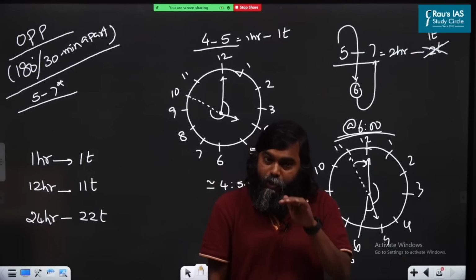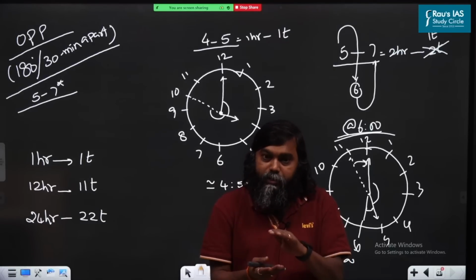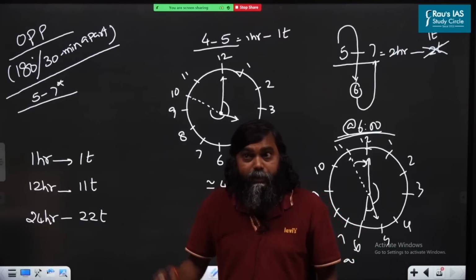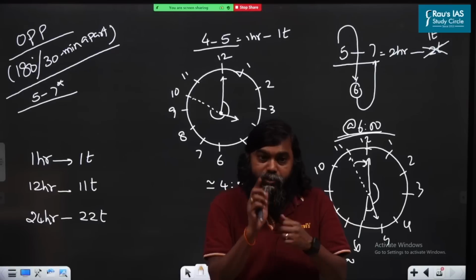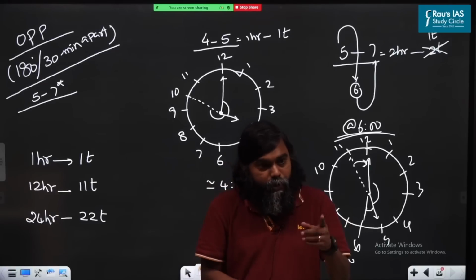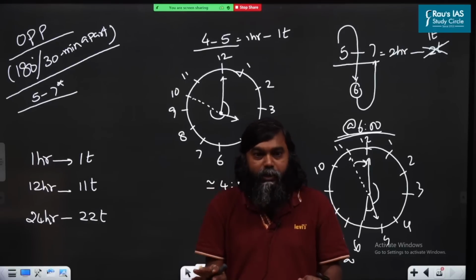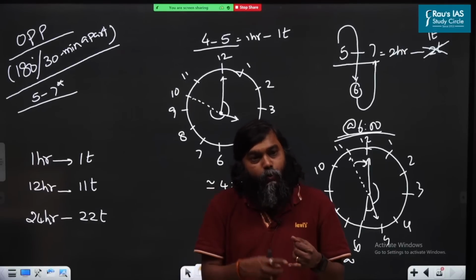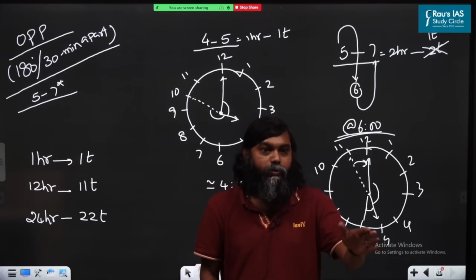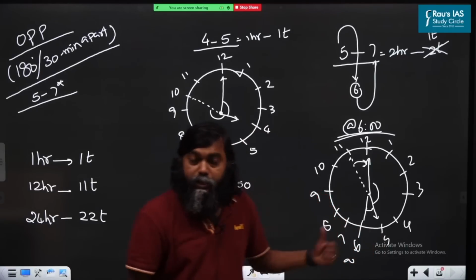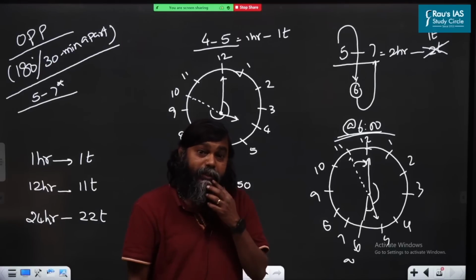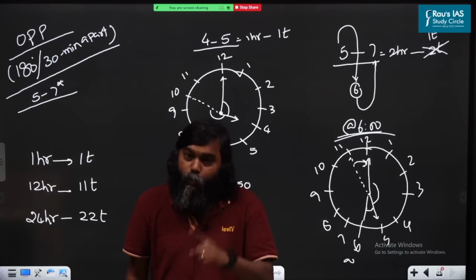0. So now in 1 hour, 0 time answer also possible now. In right angle, I showed you 1 time answer possible in 1 hour. I showed you 2 times in 1 hour possible. So far in 1 hour, 0 time answer possible, 1 time answer possible, 2 time answer also possible. Here I said between 3 and 4, how many time right angle? 1 time.